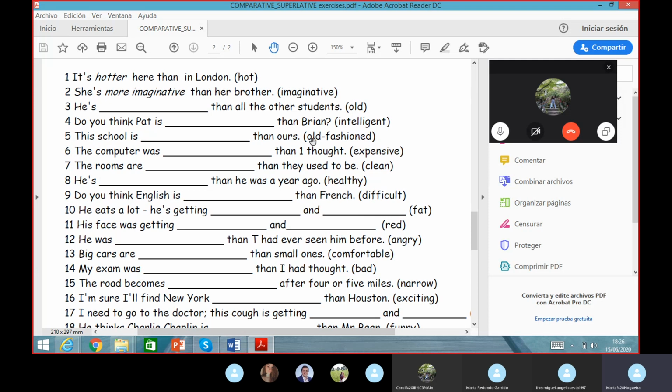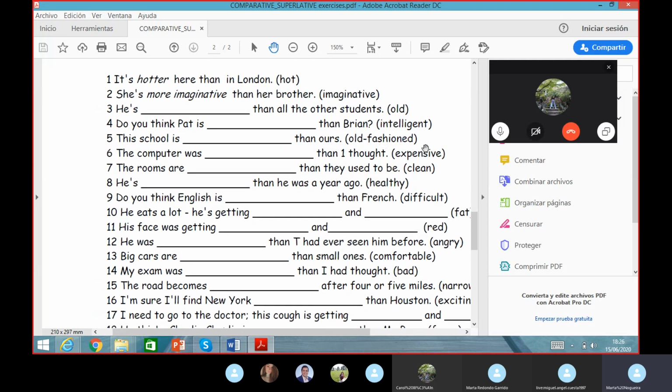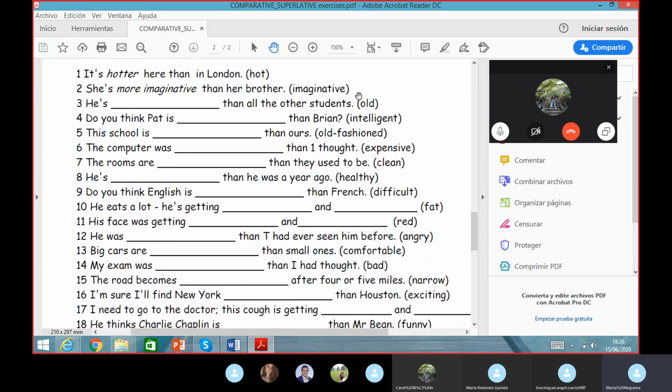So we don't say older. This is a word. The whole of this is a word. So more old-fashioned. 6, the computer was more expensive than I thought. This seems to be 1, but this is I. So the computer was more expensive than I thought.